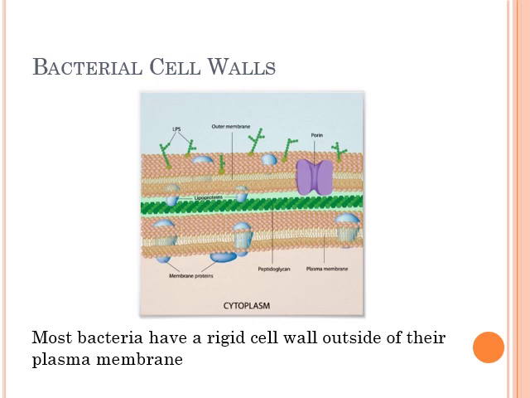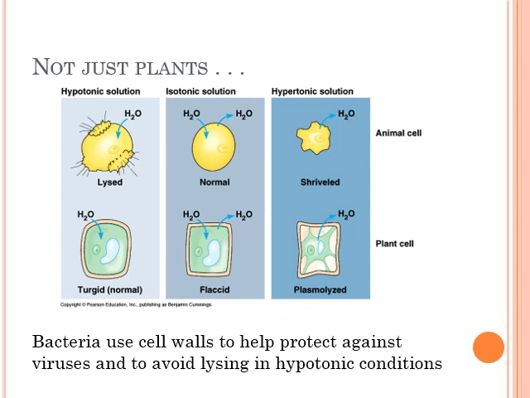Beneath that glycocalyx, the bacteria will have cell walls. Cell walls are there for a few reasons. One of the most important is to prevent osmotic lysing, or prevent the cell from exploding. It serves the same purpose as it does in plant cells, but they are made of entirely different macromolecules.